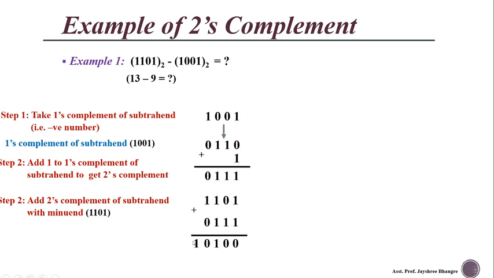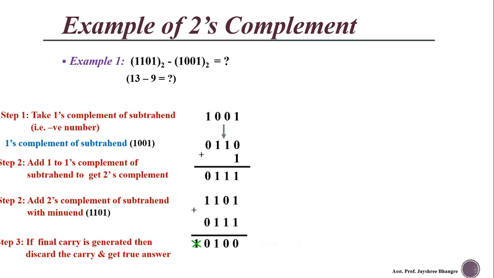So here let's see, the final carry is generated. Because the addition is of 4 bits and the 5th bit is generated, that means a carry is generated from the MSB bit. So the rule says if the final carry is generated, or if the carry from the MSB bit is generated, then discard the carry, the answer is positive, and we get the true answer.